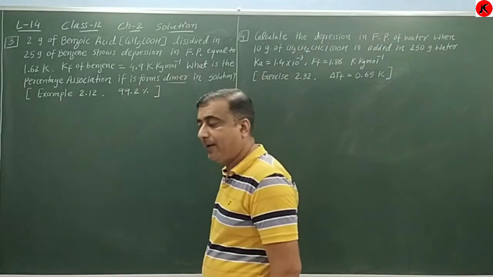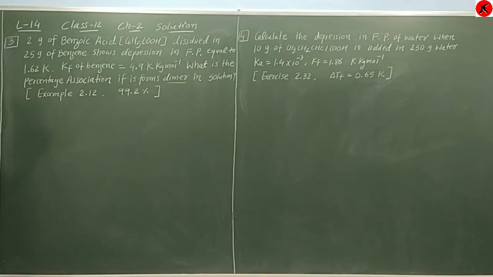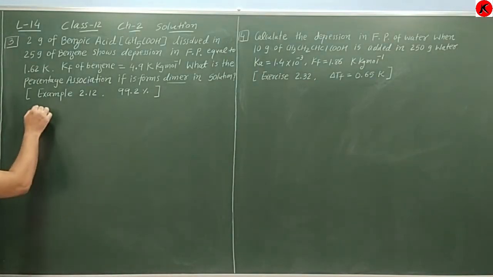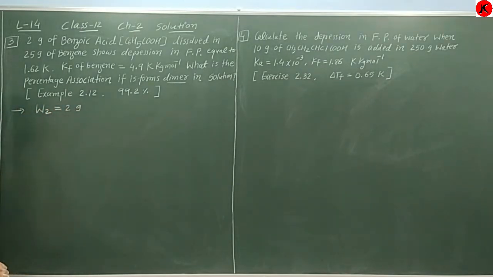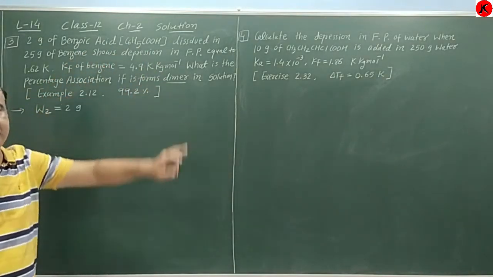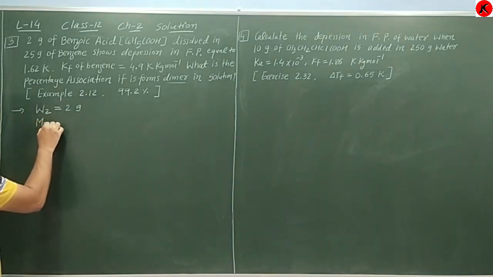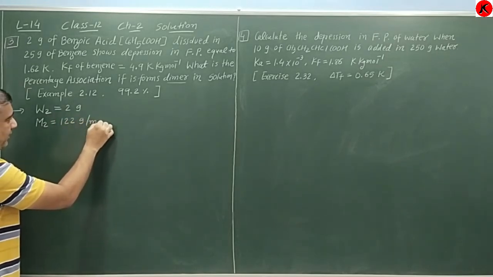Example 2.5. Now how to solve this example? The 2 gram benzoic acid is dissolved in 25 gram of benzene. That means the mass of solute is W2 equals 2 gram. Benzoic acid has the formula C6H5COOH, so we can calculate the molar mass. The molar mass of benzoic acid is 122 gram per mole.